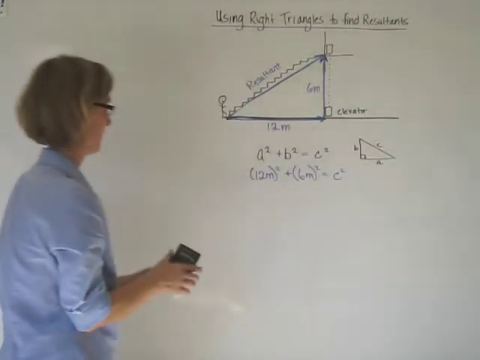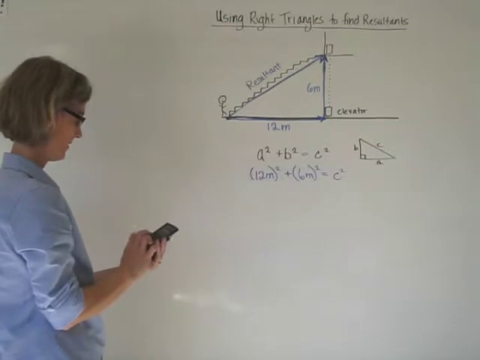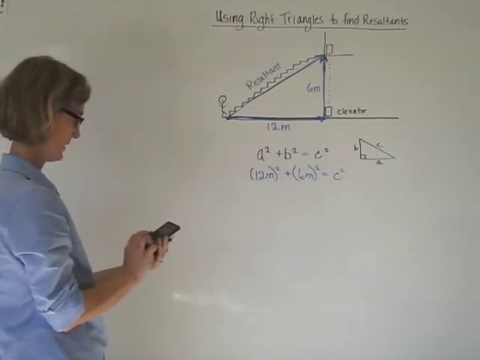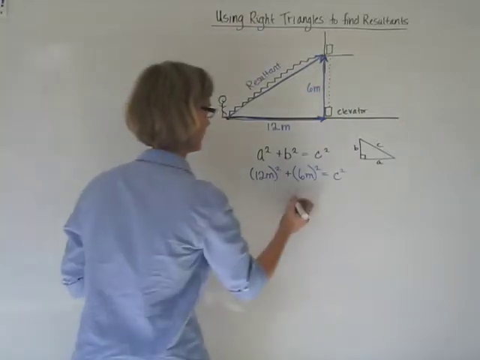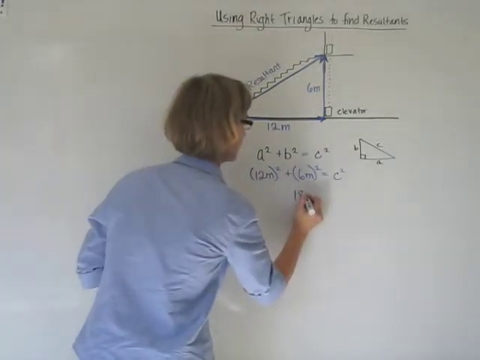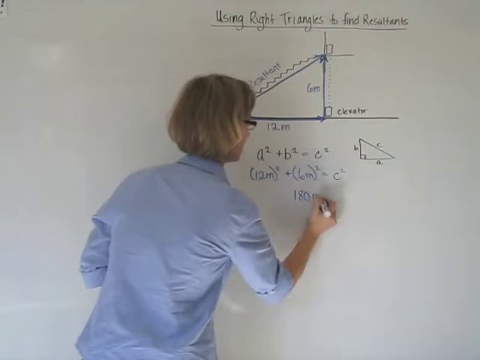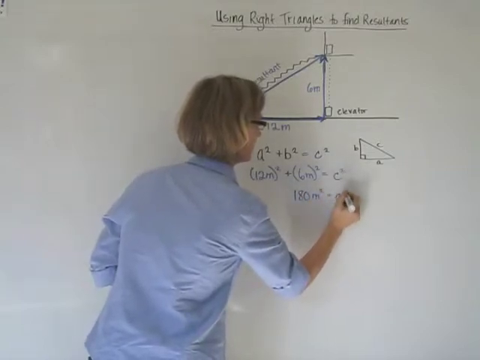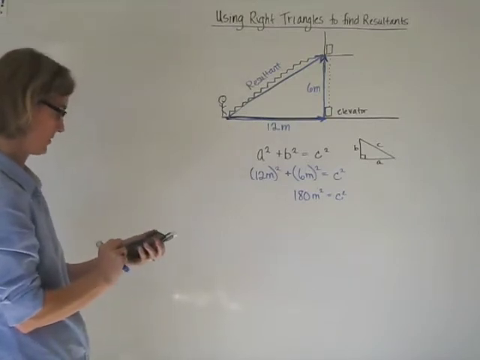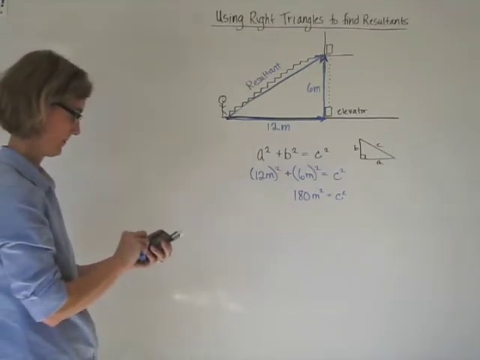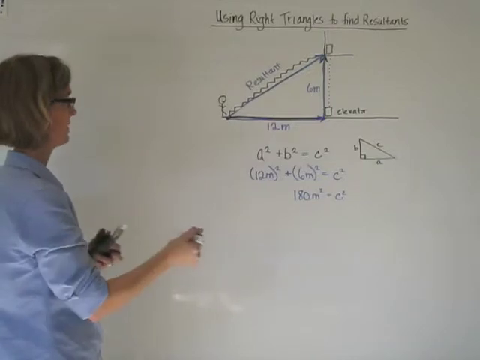Now it's just a matter of calculating. 12 squared plus 6 squared gives us 180 meters squared. To find the actual length, we just need to take the square root, which is 13.4.